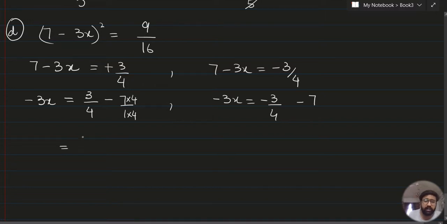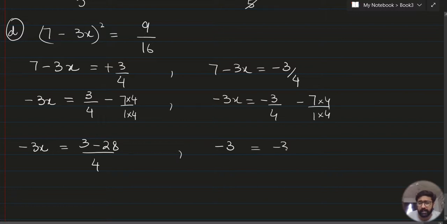So this is going to become 3 minus 28 divided by 4 and is equal to minus 3x, and on the other side it is also going to be minus 3 minus 28 divided by 4.